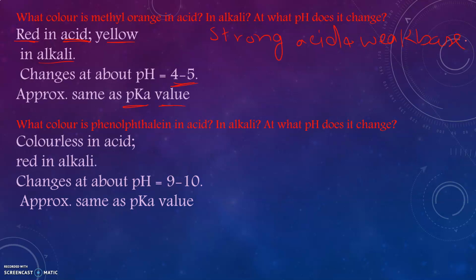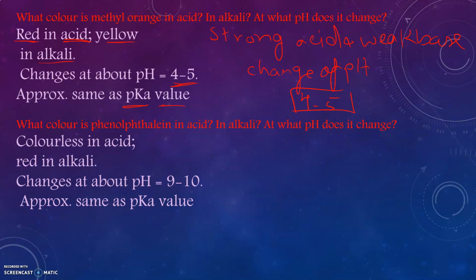But when there is a question why it's the suitable indicator to use in the titration between strong acid and weak base, it's because the change of pH for this indicator will be from 4 to 5. 4 to 5, actually it's acidic. It's less than 7, so it's acidic.